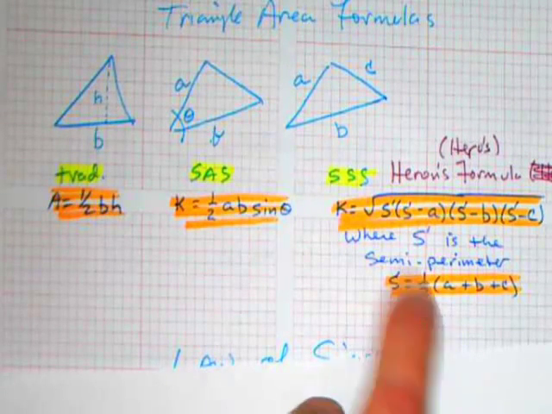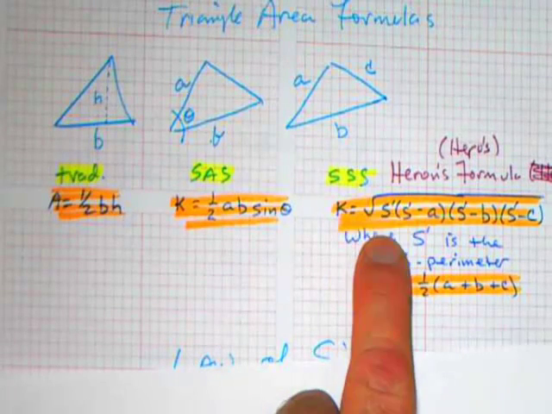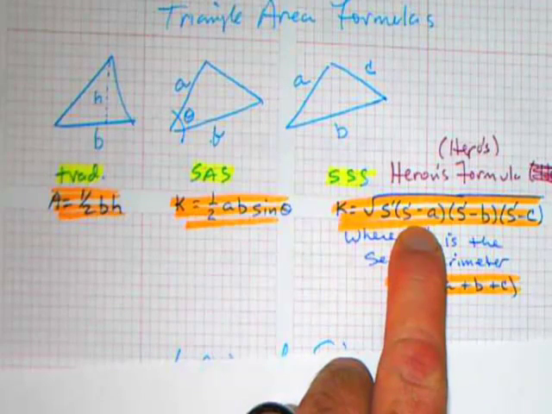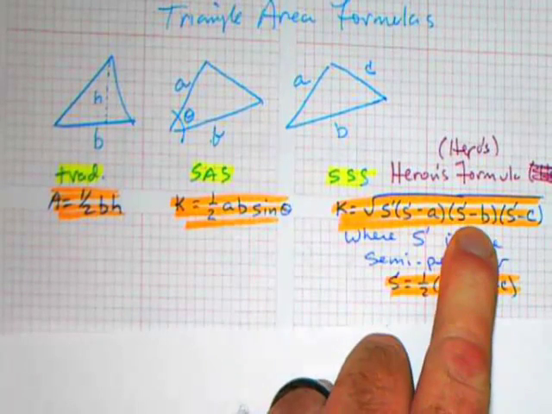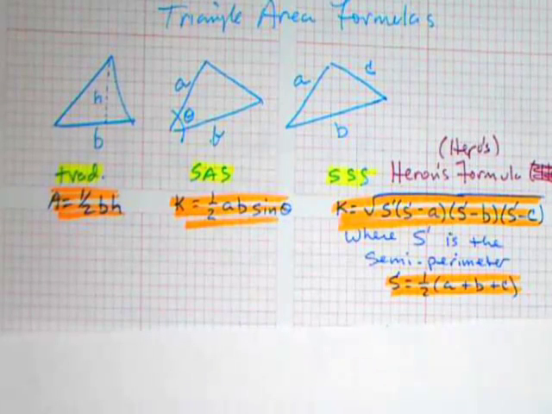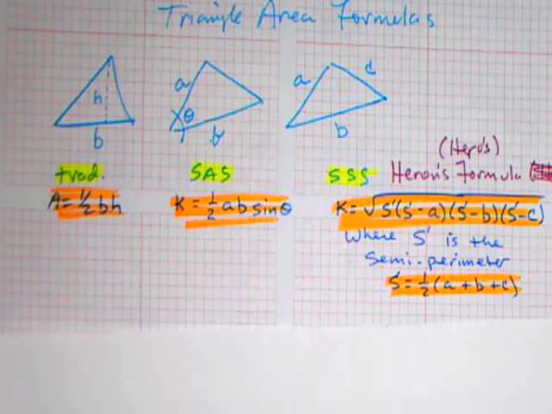That's your S. So you get the semi-perimeter times the difference of that semi-perimeter and side A, times the difference of that semi-perimeter and side B, times the difference of that semi-perimeter and side C. And you multiply those out and then take the square root, and that's another way of finding the area.